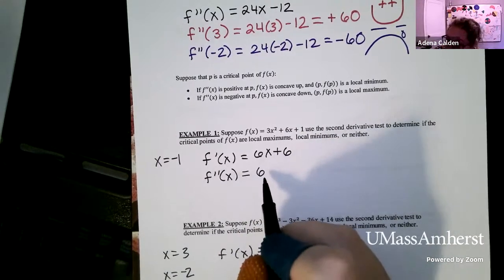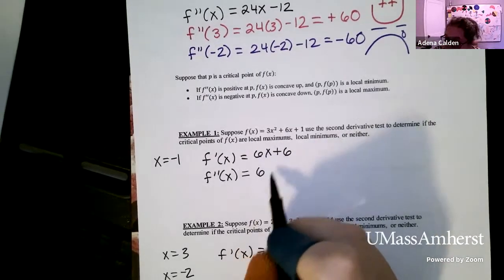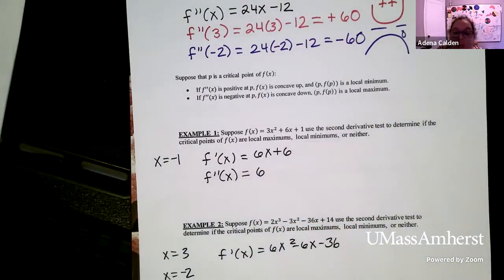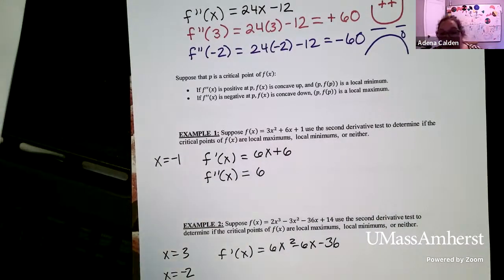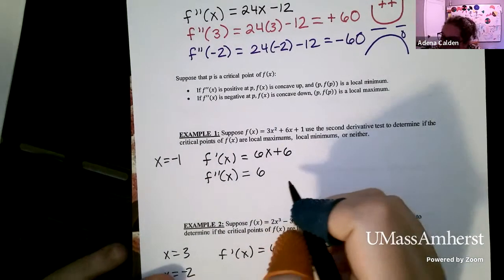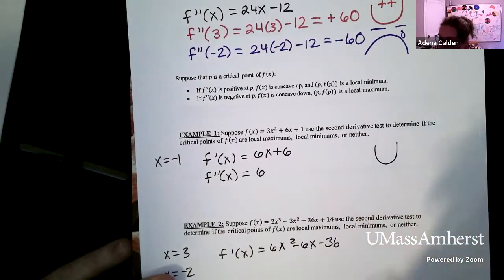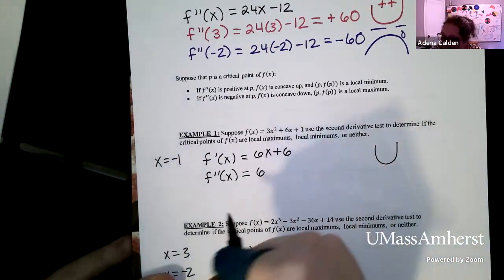What this means is that the function has a second derivative that's positive everywhere, which means the original function is concave up everywhere, including at the critical point. So if we are concave up everywhere, that means our critical point has to be a local minimum.